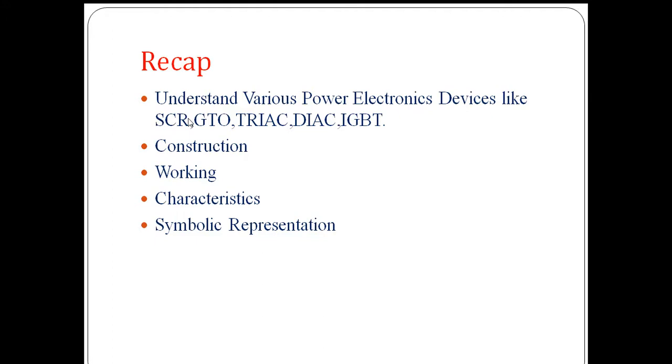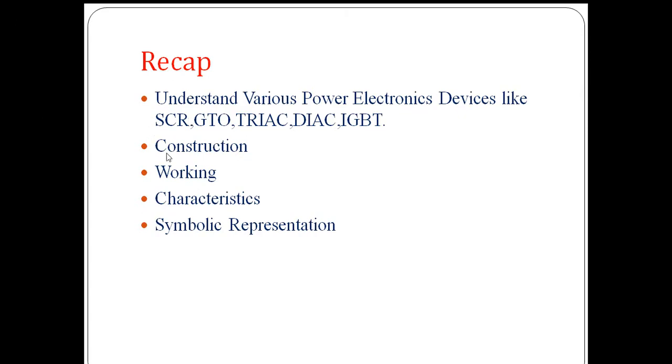But once the SCR is fired, there won't be any function of the gate signal in the silicon controlled rectifier. Even though it acts as a fast-acting switch, the values of latching current and holding current are minimum.